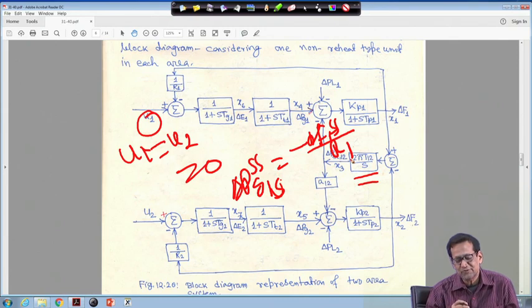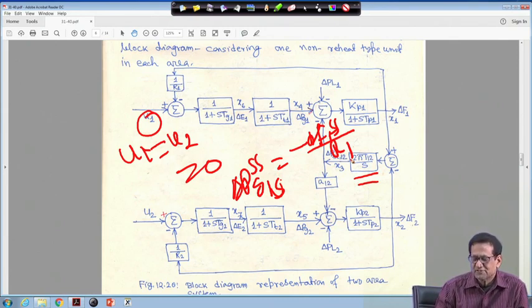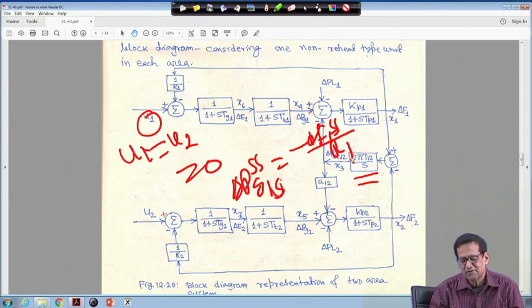This is known to us. Similarly, for delta Pg2 SS, right. So, if you draw your steady state block diagram, then all the steady state values you have to put in, right.